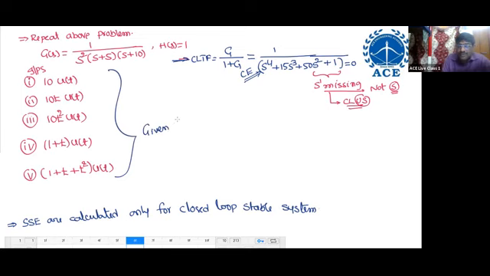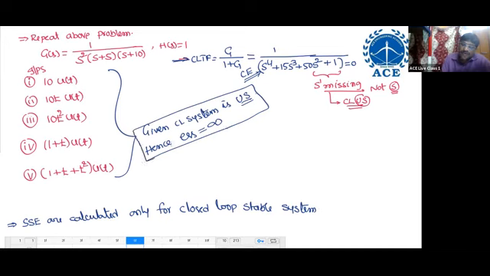The given closed loop system is unstable, and the steady state error for any input is infinity. We can say ESS is unbounded. It may be plus infinity or minus infinity.